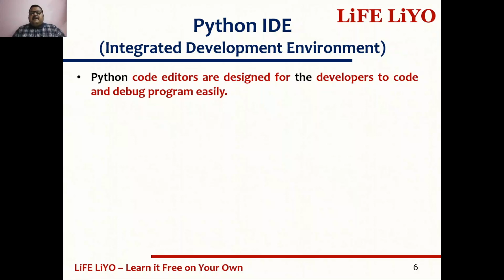For example, we can write Java code using Notepad, as well as using NetBeans or with the help of Eclipse. That means NetBeans and Eclipse are all integrated development environments. That is a single place where you can write code in various languages. That is the integrated development environment.